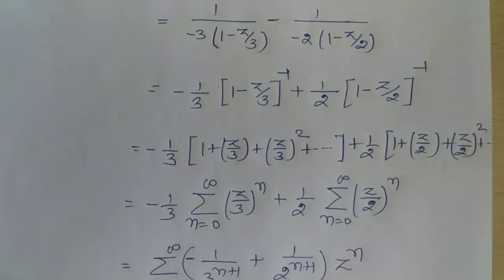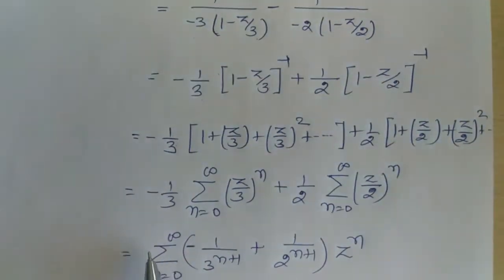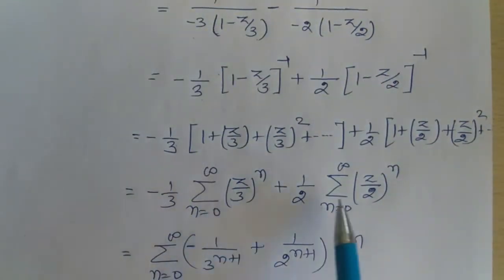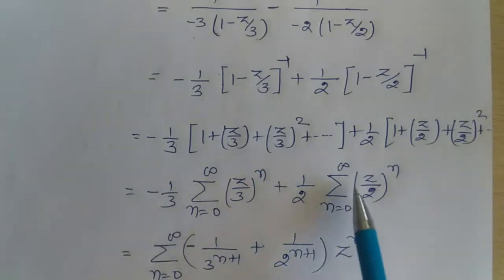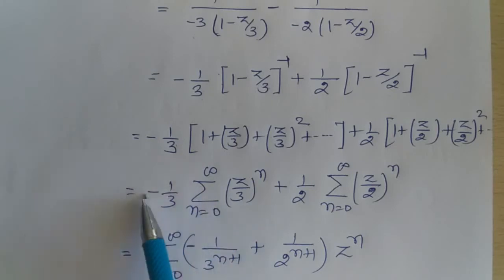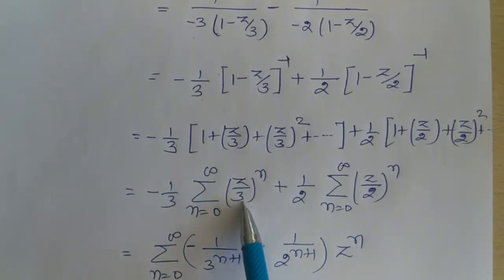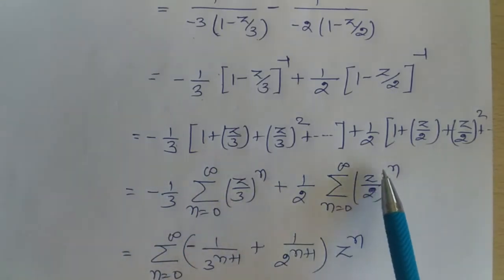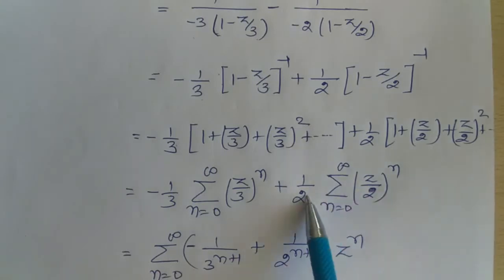So we express this as a single summation, n goes from 0 to infinity, the z power n is common, and here we have minus 1 upon 3 power n plus 1 plus 1 upon 2 power n plus 1.